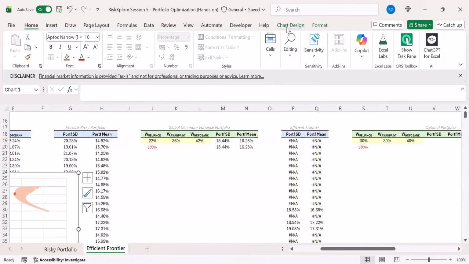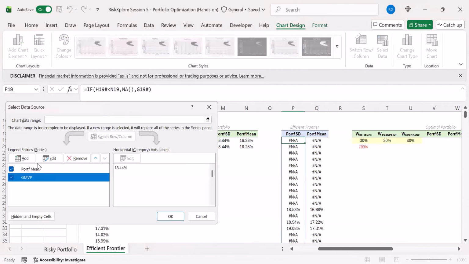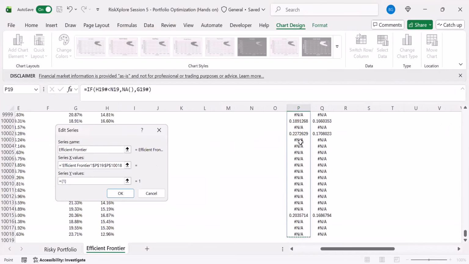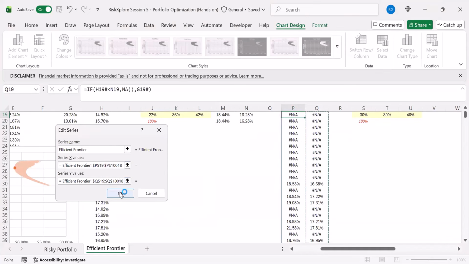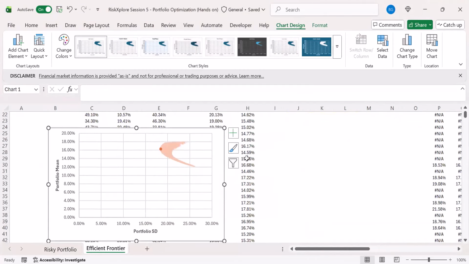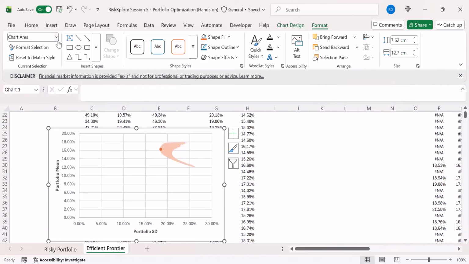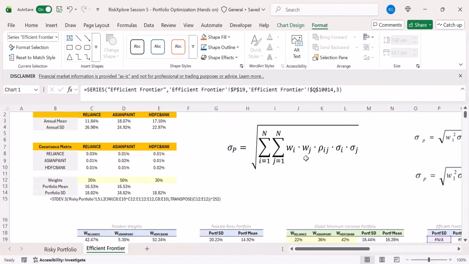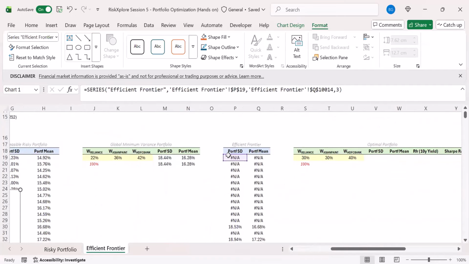So let's select this chart again, go to Chart Design, Select Data, Add, and name this series Efficient Frontier. As X, we will use these values. As Y, we will plot the portfolio mean. Click on OK, click on OK, and we have the efficient frontier. We are not able to see it right now, but to get that, we can go to the Format tab, Efficient Frontier, and change the selection here.